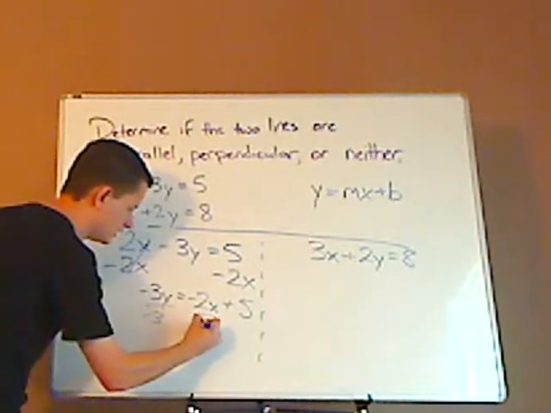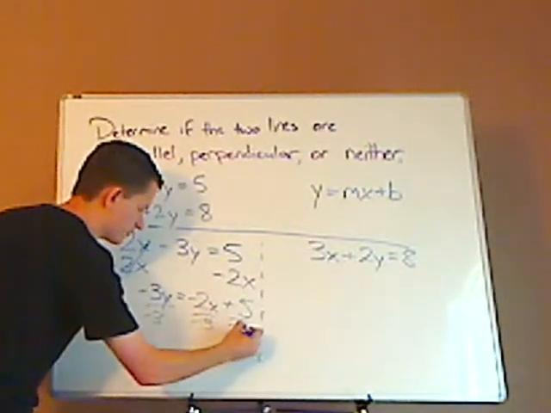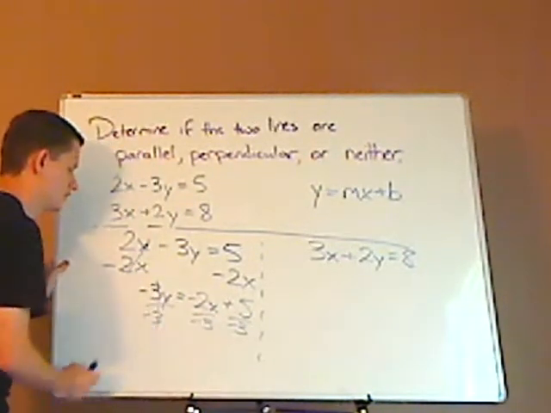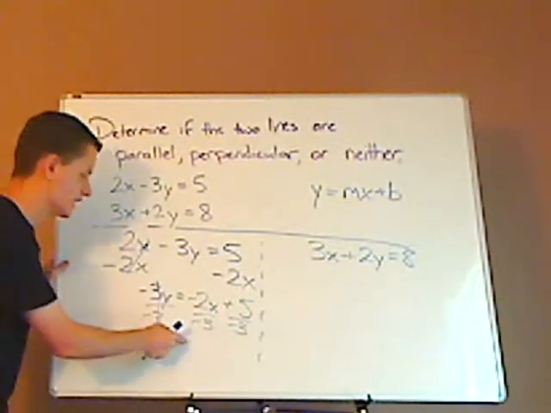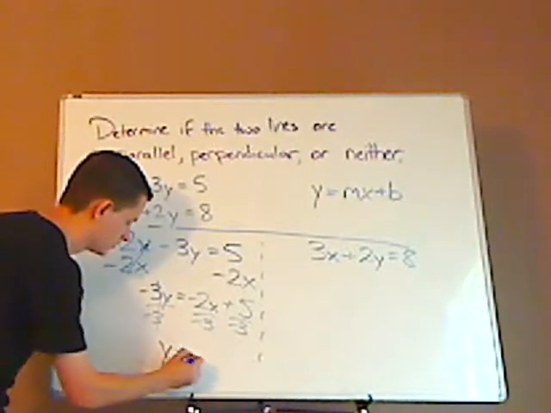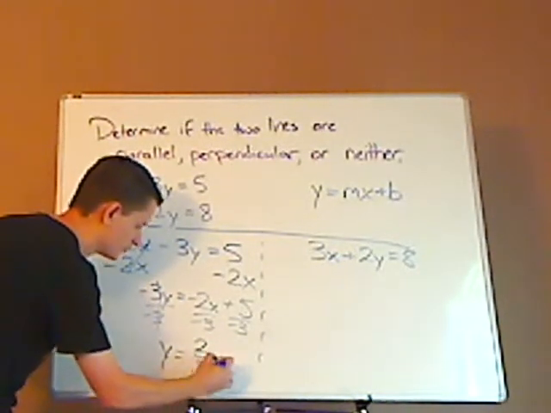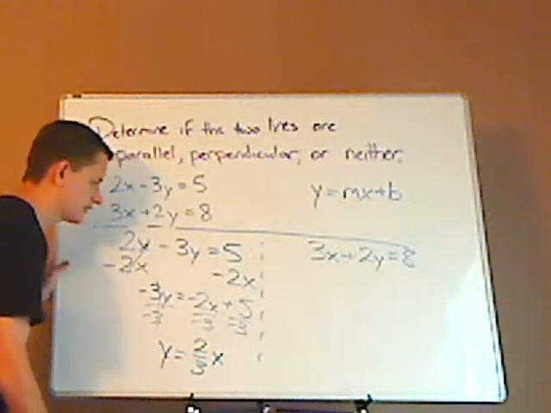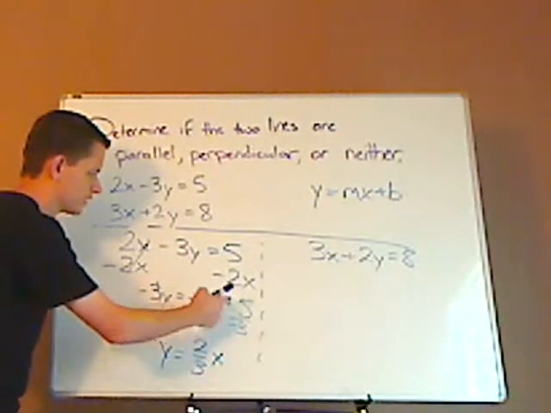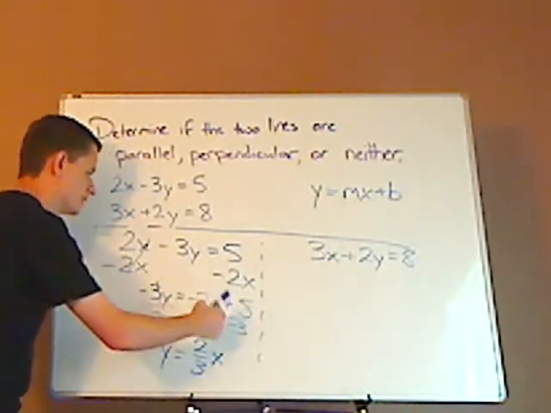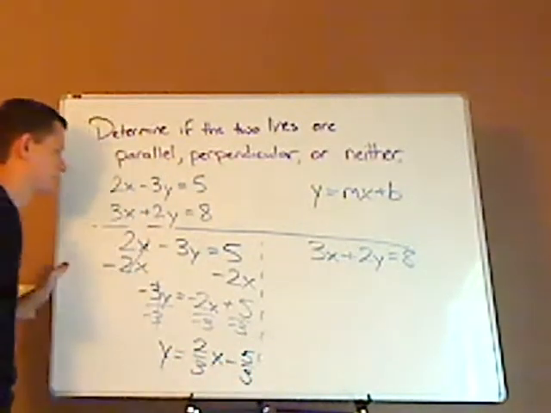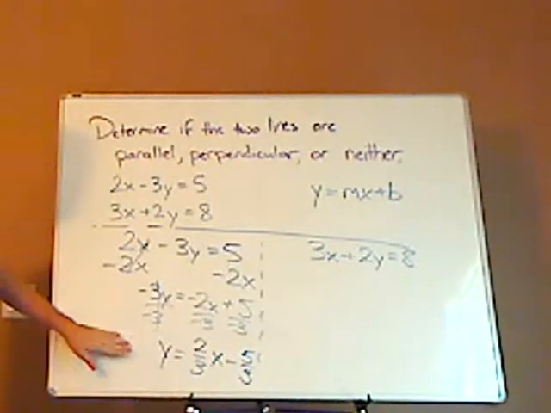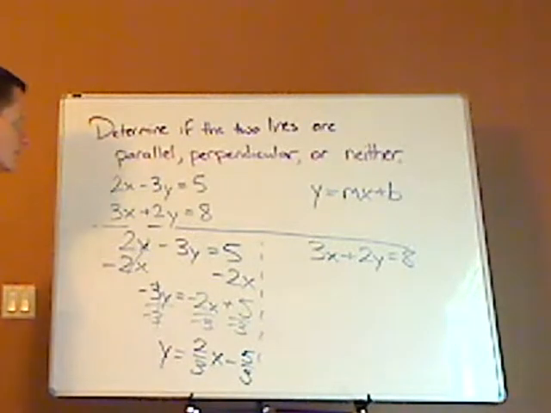So you divide each of those by -3. That cancels. This is going to simplify. It's a negative over a negative, so it's positive. So it's a positive 2/3 x, and I can either say plus negative or just simply minus 5/3. So that's the first one in slope-intercept form.